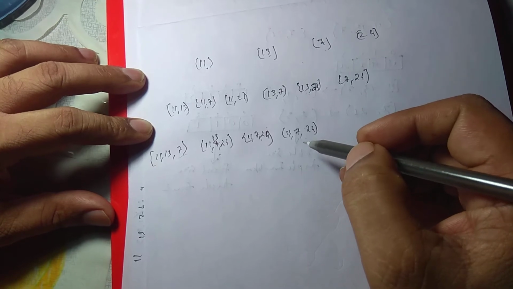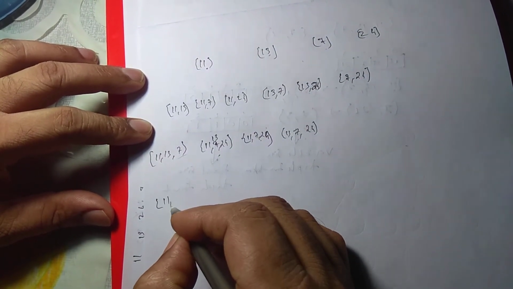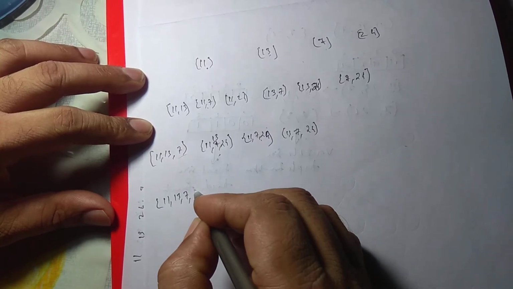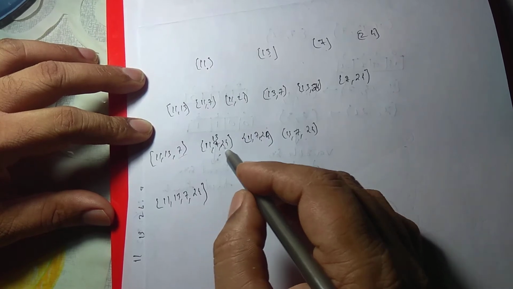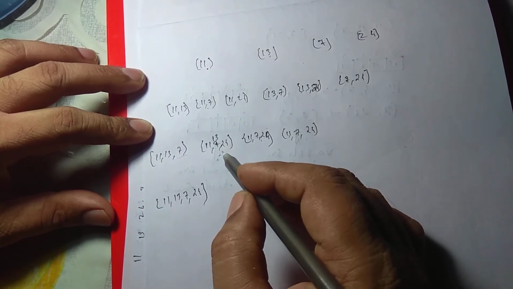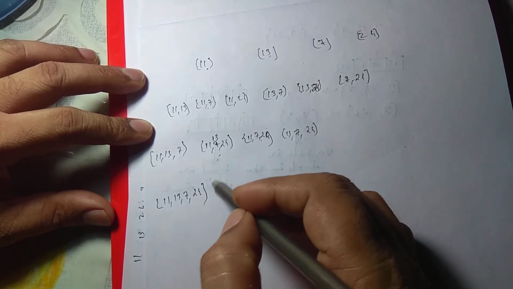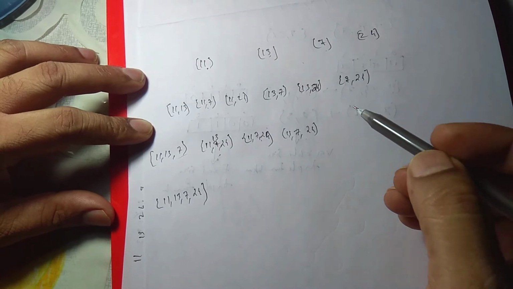Next, let us try the four element subsets. It is 11, 13, 7, 24. What is missing in 11, 13, 24 is 7, but it is already considered. So this is the only four element subset. So these are the subsets.